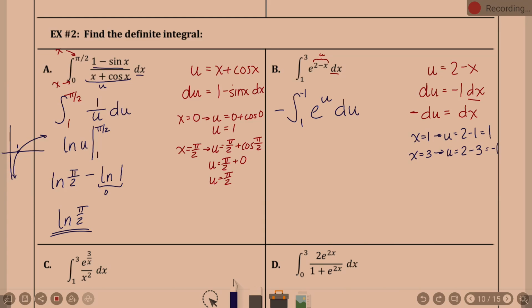So this is going to be the integral from negative 1 to 1 of e to the u du. The integral of e to the u is e to the u, evaluated from negative 1 to 1. So we're going to do e to the first minus e to the negative first. How should I express that? Because you're probably not going to see this answer on a multiple choice problem.